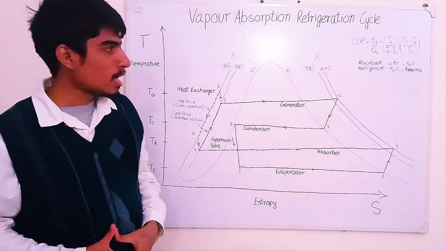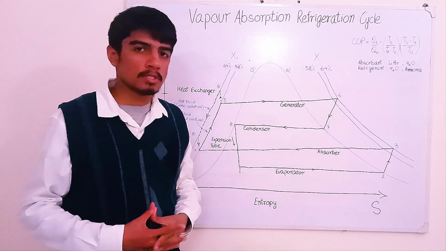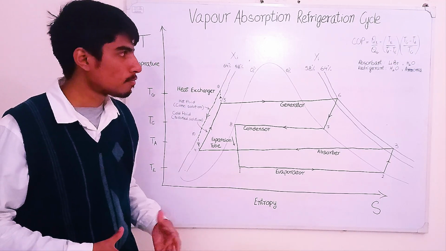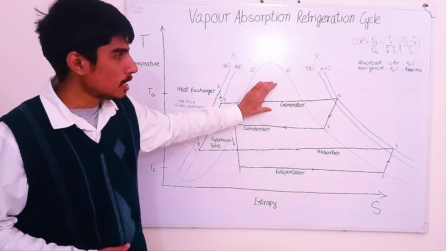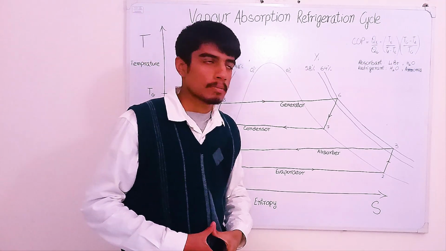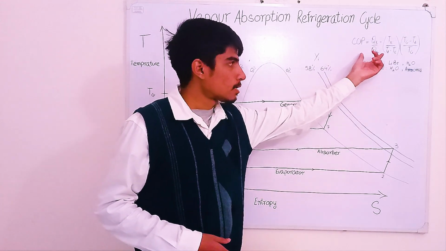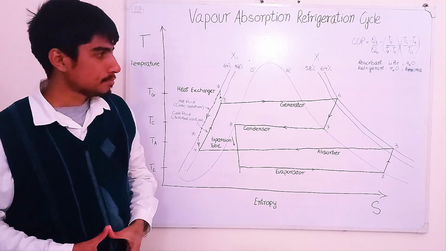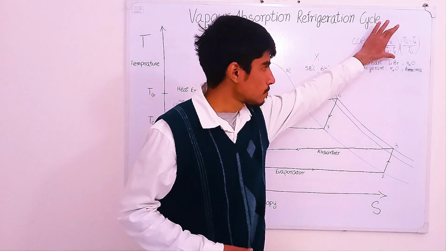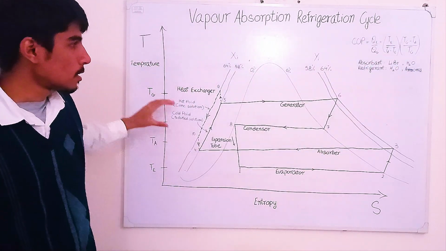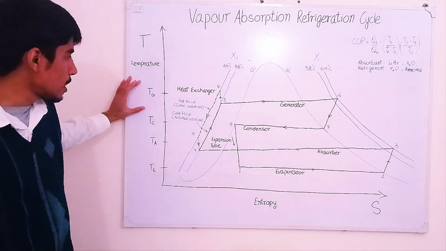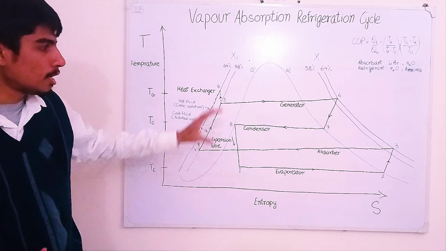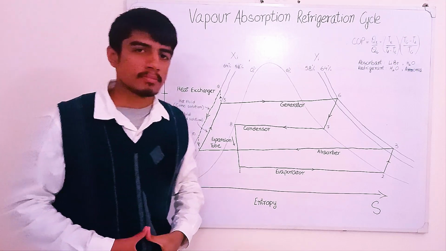In the evaporator, we have our chilled water, which is the main product of this chiller, and in the generator we have our heating source. So we take the thermal kilowatt of the generator as our input. This is the expression through which you can calculate your COP just by knowing the temperature at different components of the chiller.